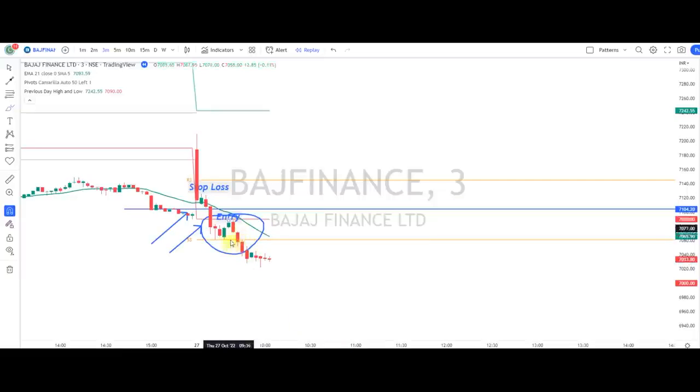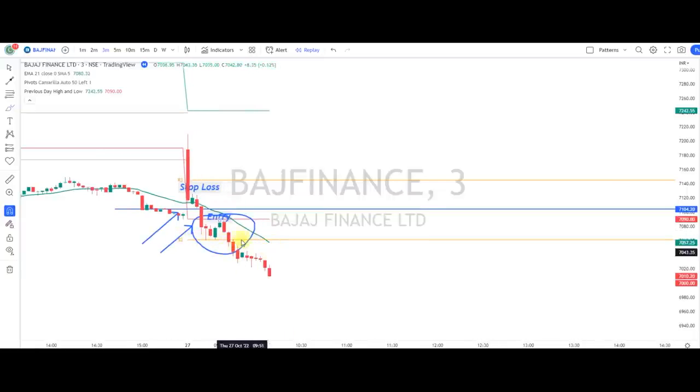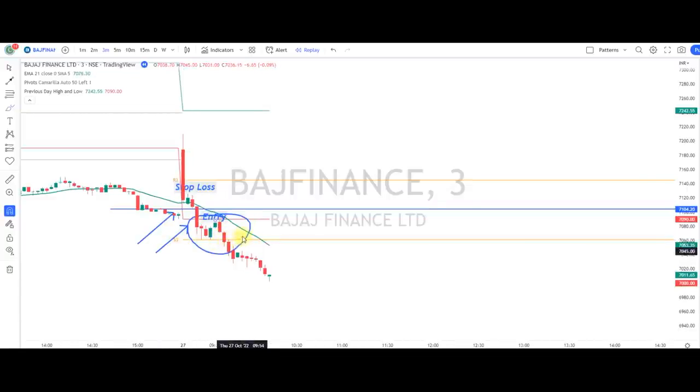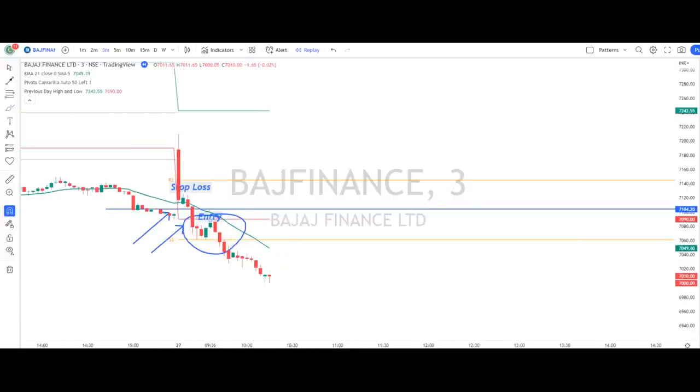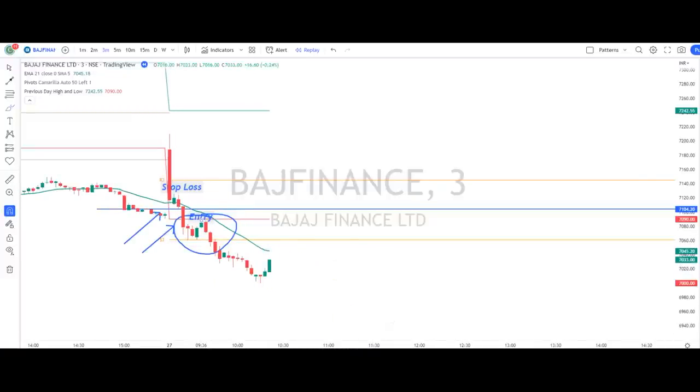So after you book your profits here at S3, you can always enter into the second trade. When the red candle is breaking the S3 zone, you can always enter in this red candle. And you can book your quick profits there.